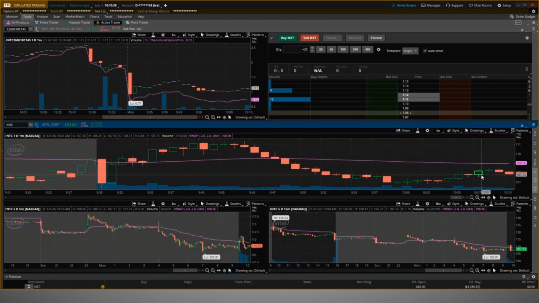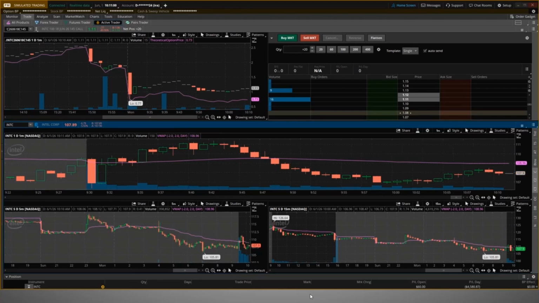I'm trying to see whether it's going to break the support or continue going towards it and move higher and make higher lows, or I'm sorry, lower highs.